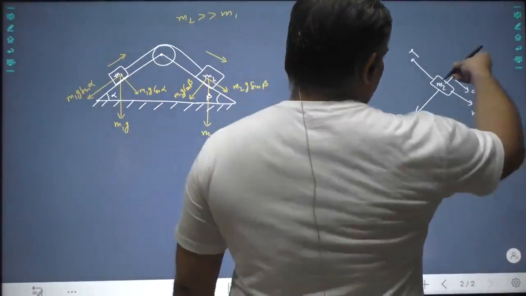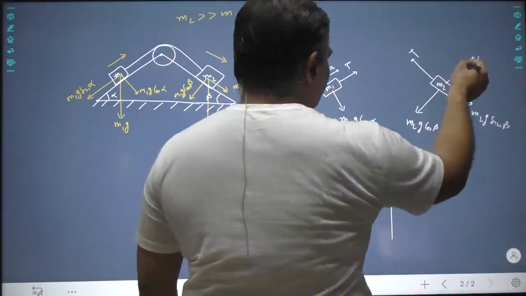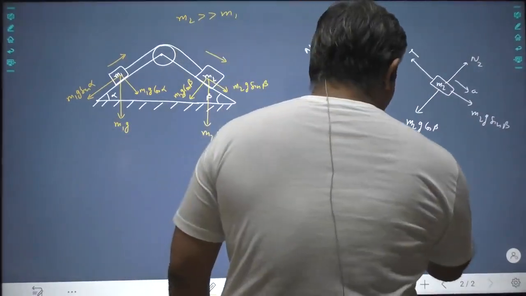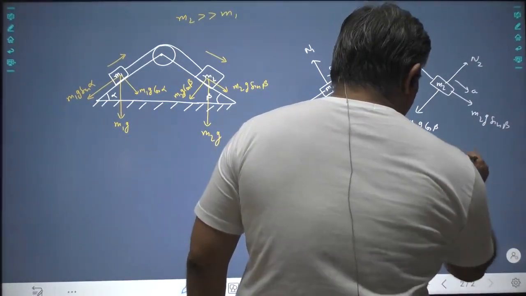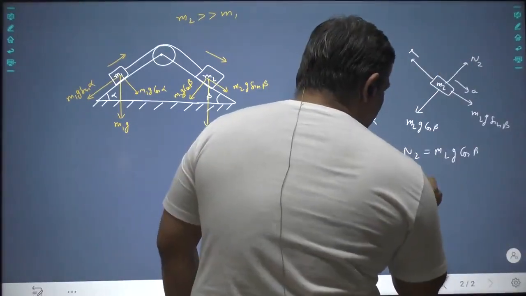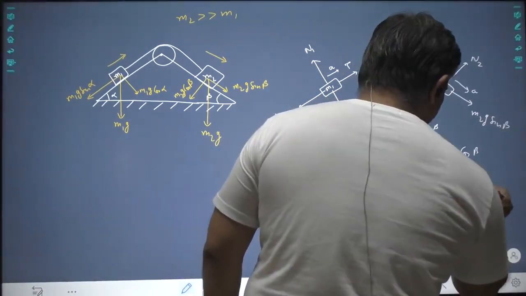And here this must be balanced. So let us name them N1, N2. Definitely they are different. So N2 should be equal to M2G cos beta, and motion along this. So M2G sin beta minus T should be equal to M2A.